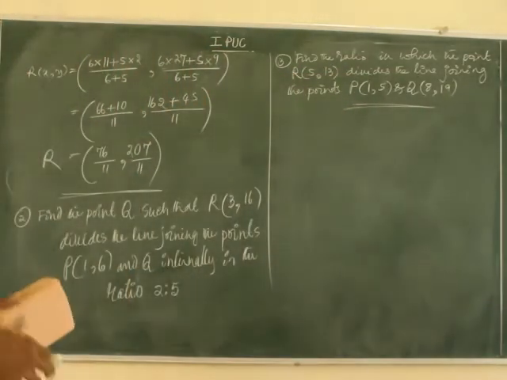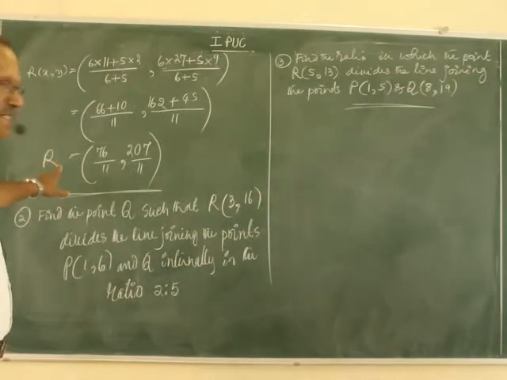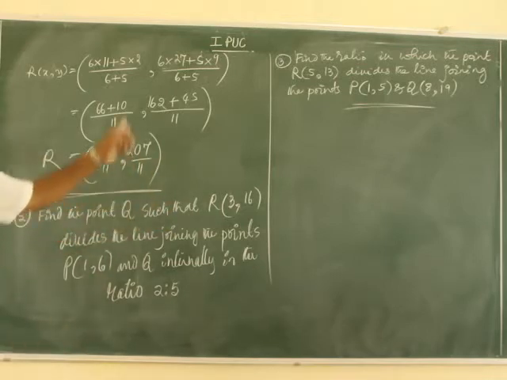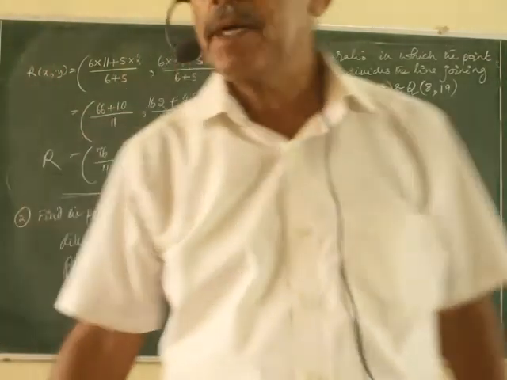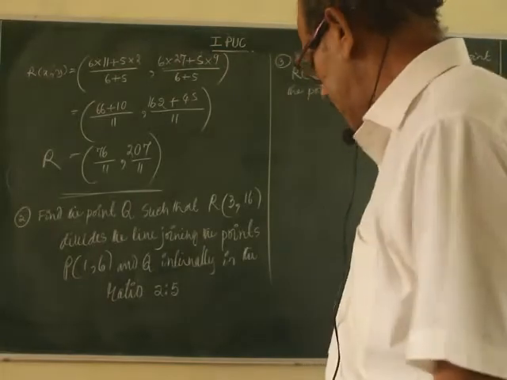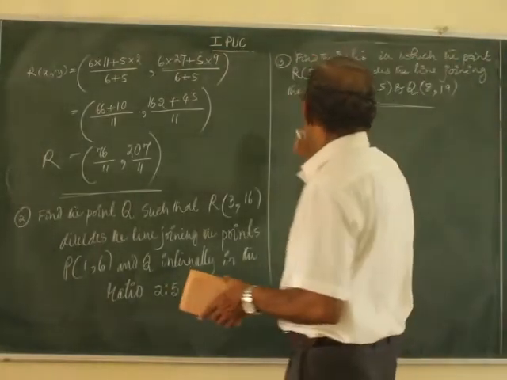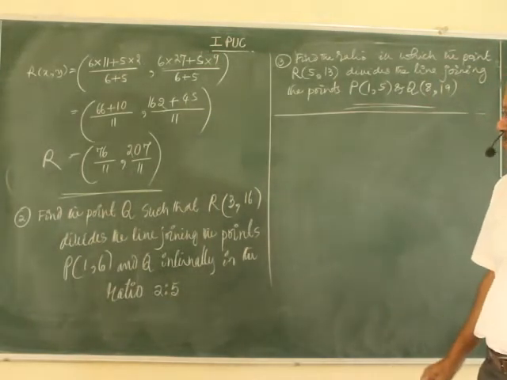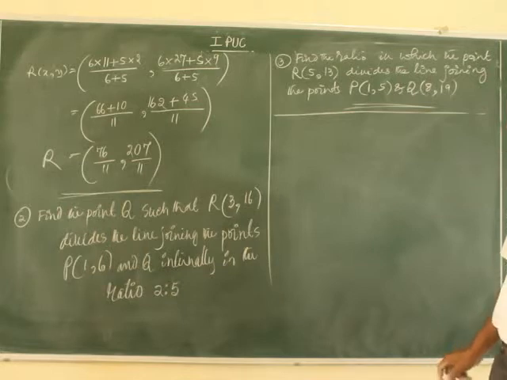Do it carefully. Here the point R is required. In the second question, read again and again, point Q is required. In the last one, ratio m and n itself is required. But you know how to find the values already.